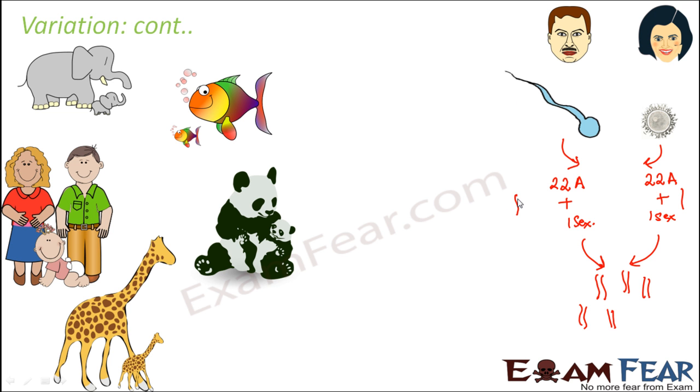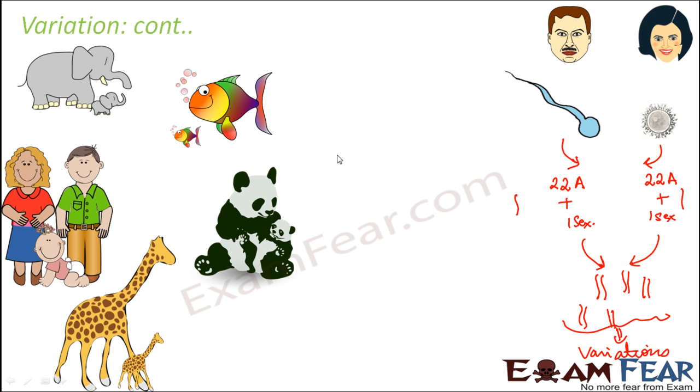When these gametes were formed, each of these chromosomes would have already undergone some sort of crossing over, some sort of recombination. So some mixing of traits would have already happened. And also there might be certain mutations during the entire process of cell division, and all these things account for the variations which will be seen in the next generation. So this is how variation takes place.